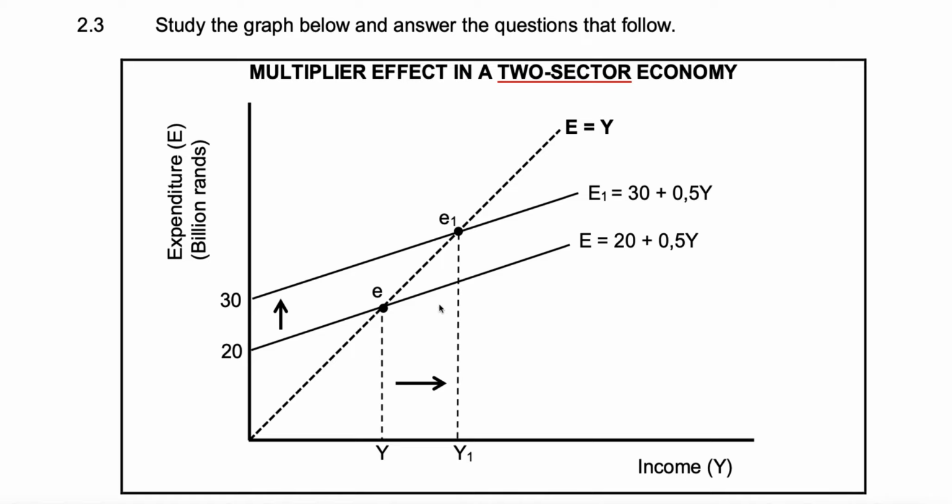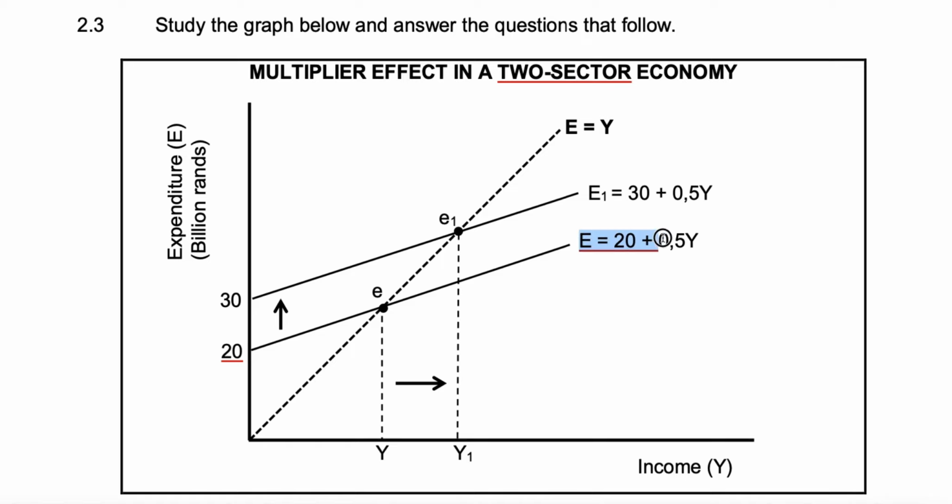Okay, so what do we see here? We see a line of equilibrium. We see this 20 is our income, our expenditure, in billion rands. So this 20 would be our aggregate expenditure. And then we see a new one, but let's ignore it for now.